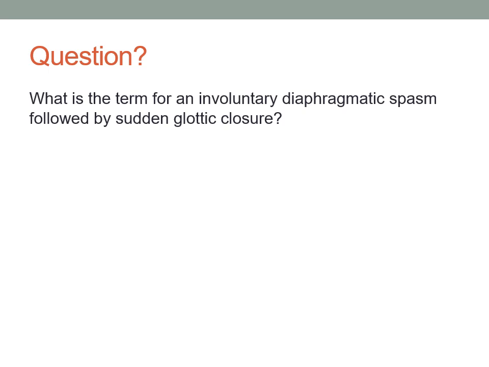So here's a review question for you. What is the term for an involuntary diaphragmatic spasm followed by a sudden glottic closure? If you said a hiccup, you've been doing your reading.